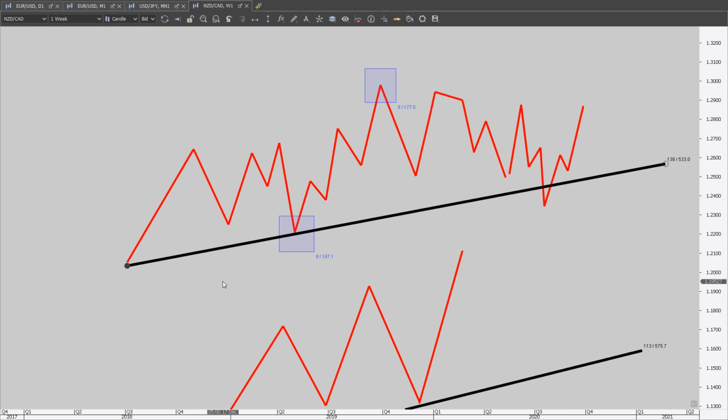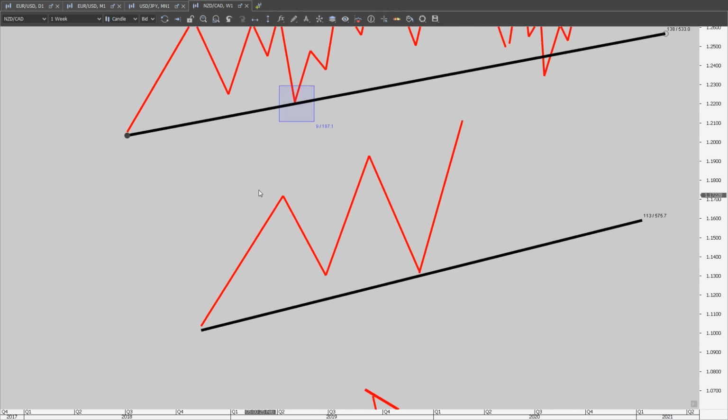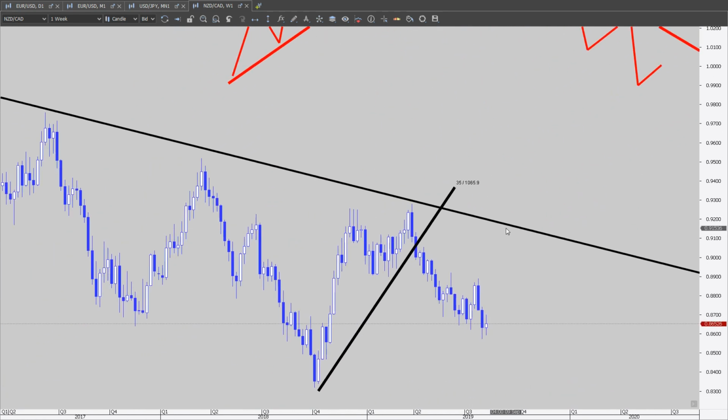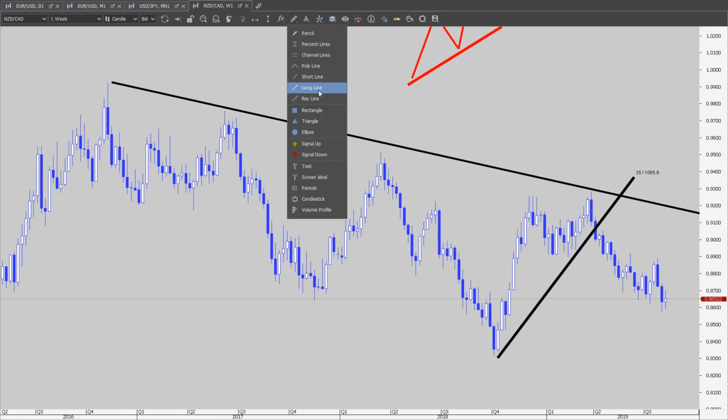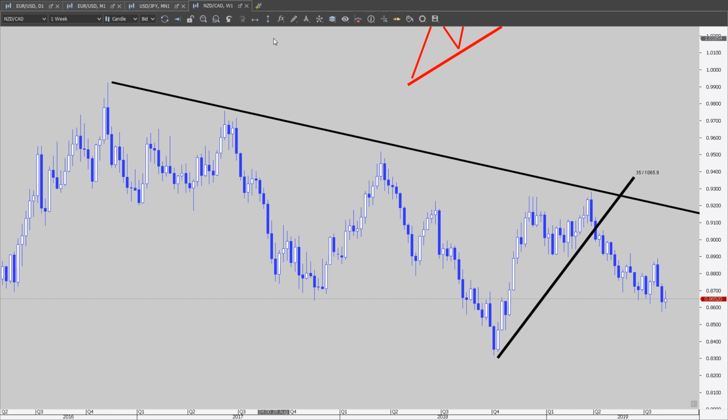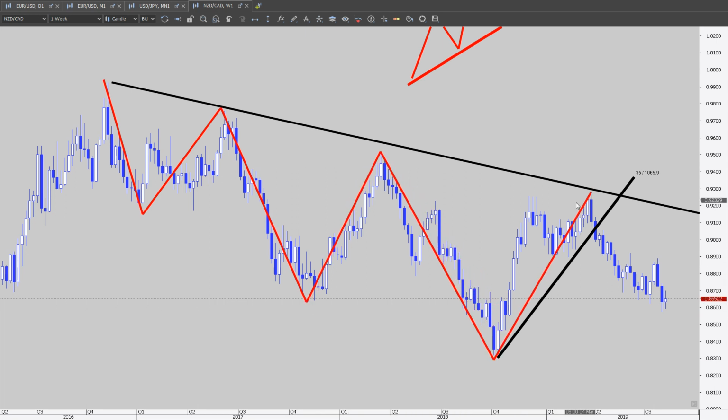Same situation with the chart. We don't have a lower low. You don't need a lower low because we have, MJ, we have structure. Okay, structure, structure, structure.